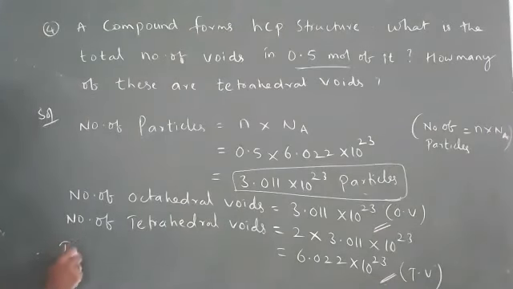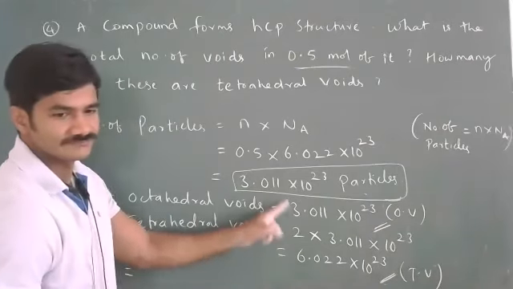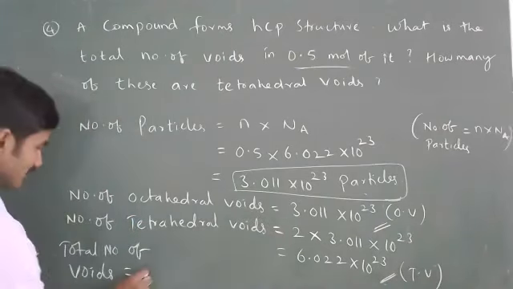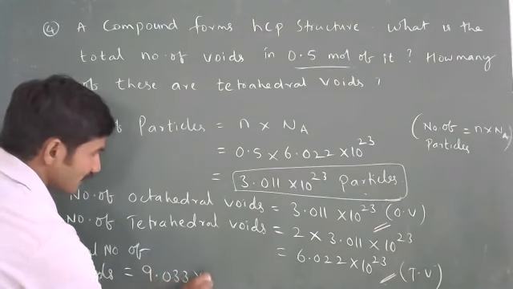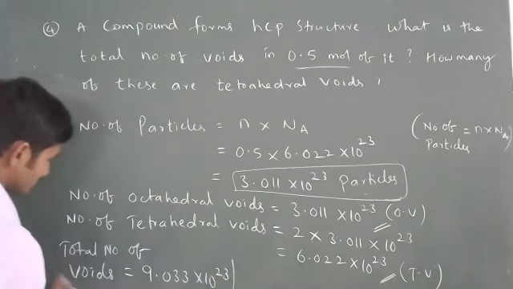So therefore, total number of voids is equal to, if you add these two, what will you get? 9.033 into 10 power 23.